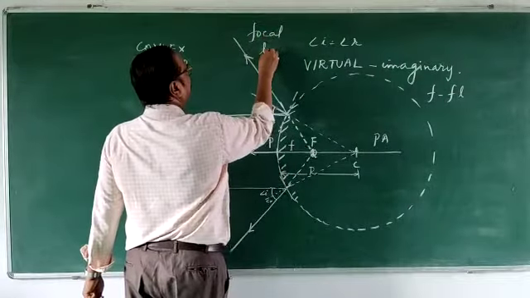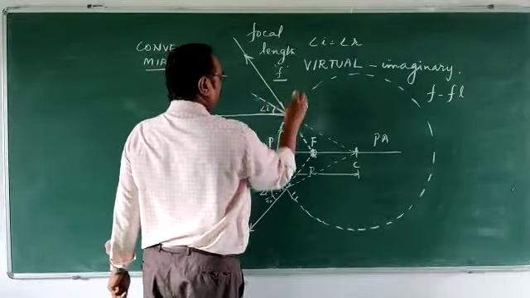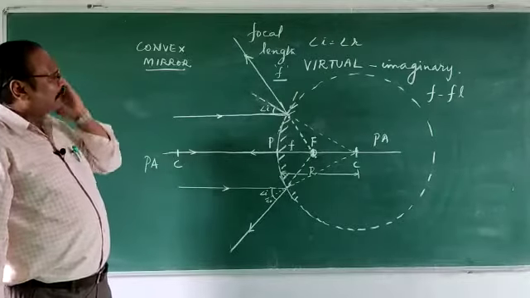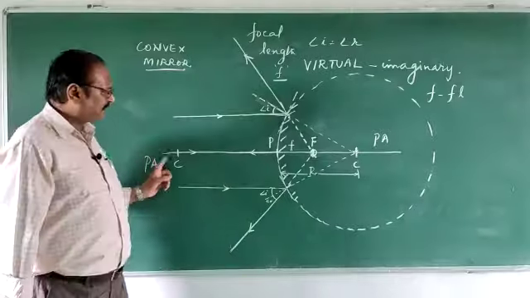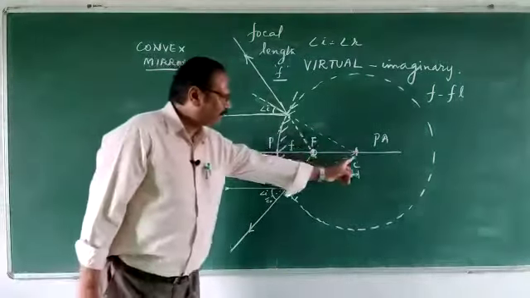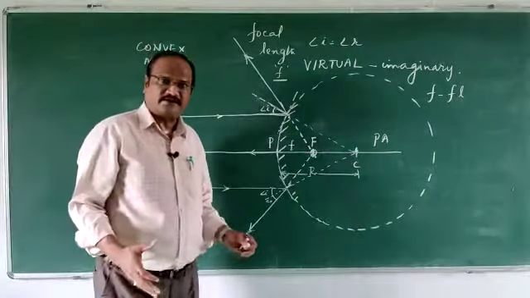The words which you have to be very clear about are these basics. The rays are coming parallel to the principal axis. The principal axis is the main axis with reference to which we talk. Center of curvature is the center of the sphere from which the mirror has been made.